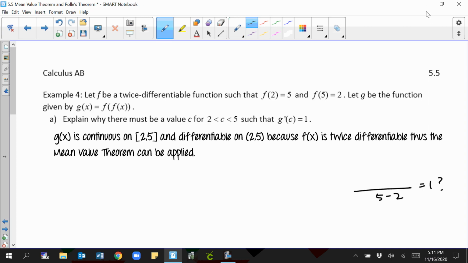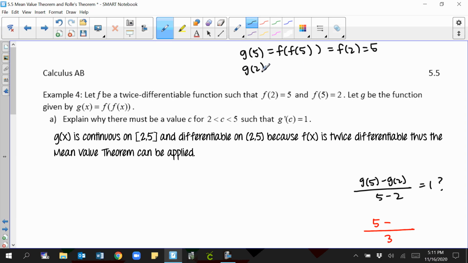So I need to show that g of 5 minus g of 2 over 5 minus 2 is equal to 1. If I'm looking for g of 5, that's going to be f of f of 5. Well, f of 5 is 2, so we're looking at f of 2, which gets me back to 5. So I'm going to have 5 minus, and this is all over 5 minus 2, which is 3. And now let's find g of 2.